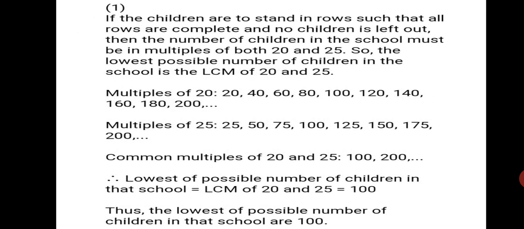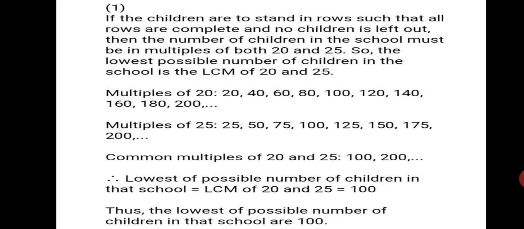If the children are to stand in rows such that all rows are complete and no child is left out, then the number of children in the school must be in multiples of both 20 and 25. So, the lowest possible number of children in the school is the LCM of 20 and 25.